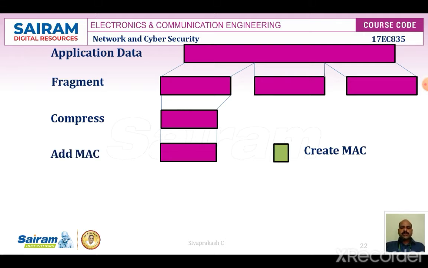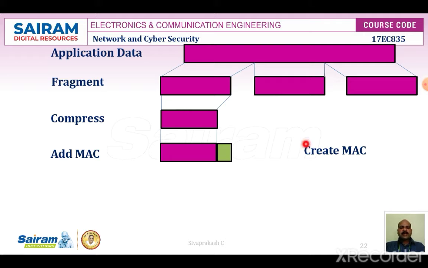This MAC code is added along with the message. By adding the MAC code along with the compressed message, the block size remains the same as the fragmented block size. To maintain this, we do the compression.